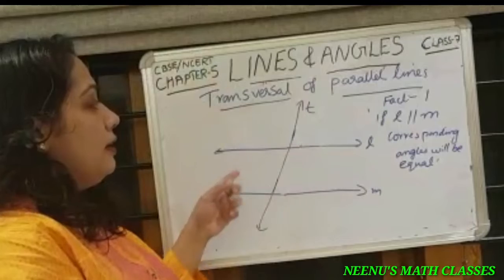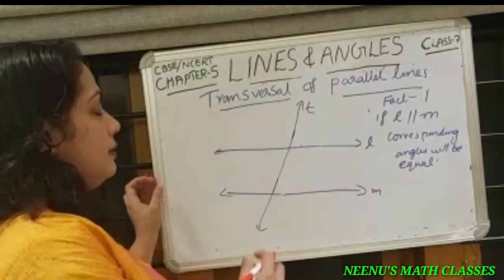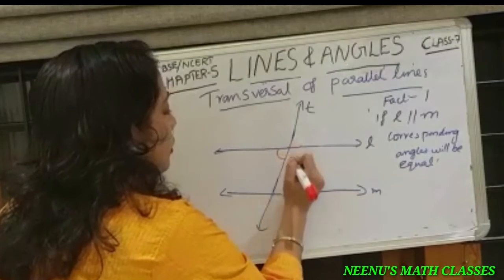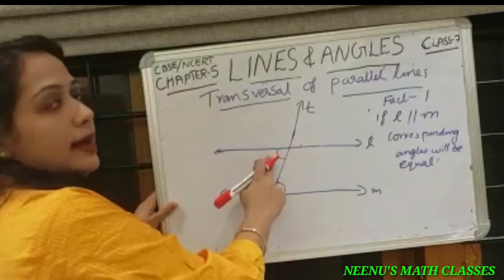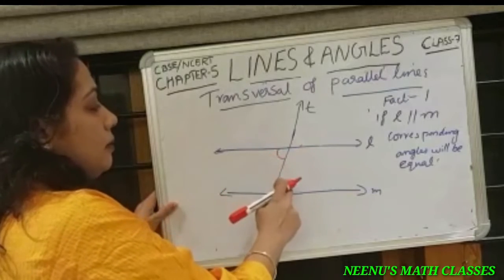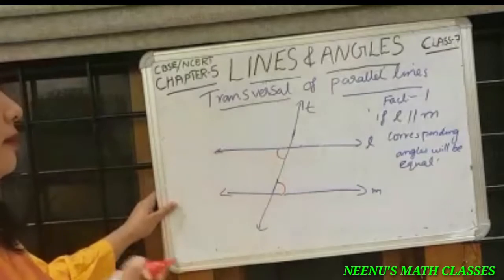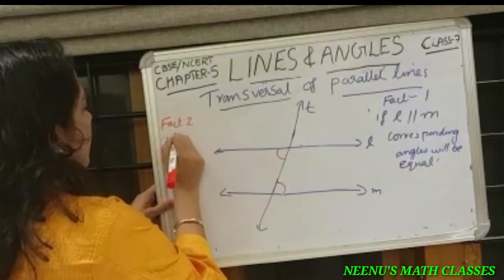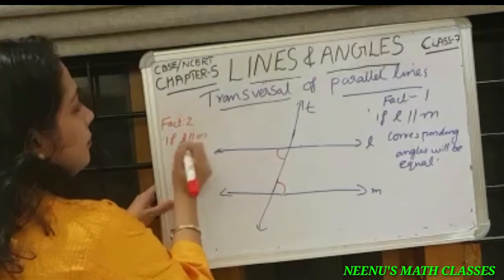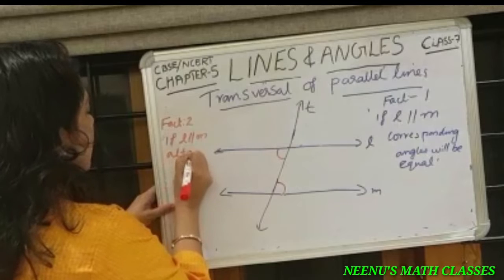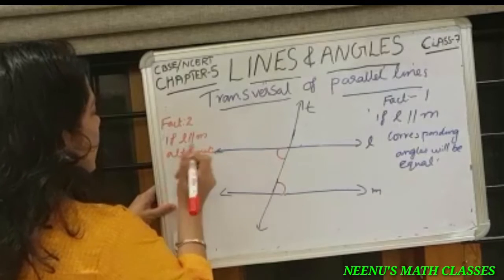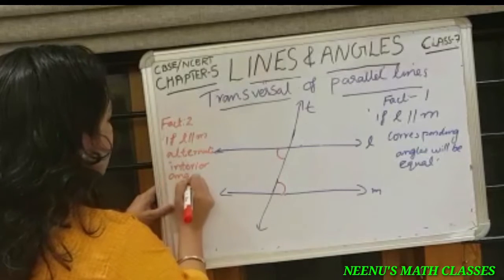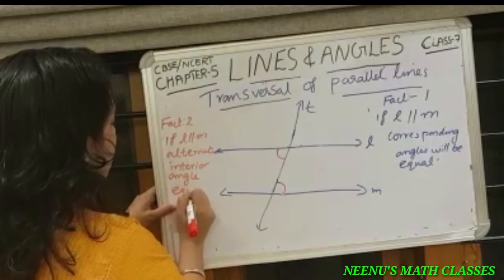If these two parallel lines are cut by a transversal, then the alternate interior angles should be equal. Fact number two is, if L is parallel to M, then alternate interior angles should be equal.